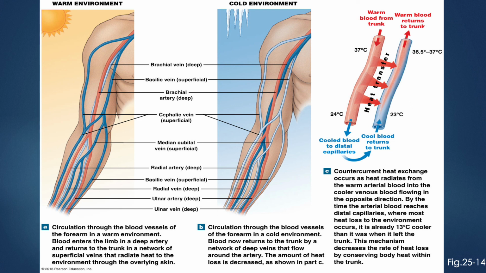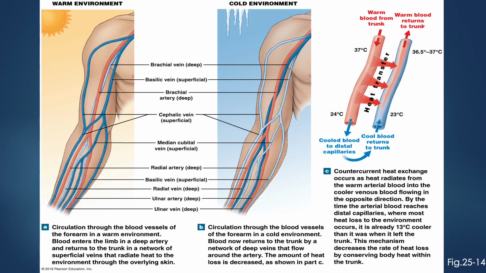In A, over to the left, you'll see that the more peripheral blood vessels are going to be vasodilated in order to allow more blood to come to the surface for radiative cooling and also to stimulate our sweat glands to allow for perspiration and therefore evaporative cooling. In the cold environment, those peripheral vessels will instead vasoconstrict, so that there is less blood getting exposed out to the surface to be cooled.